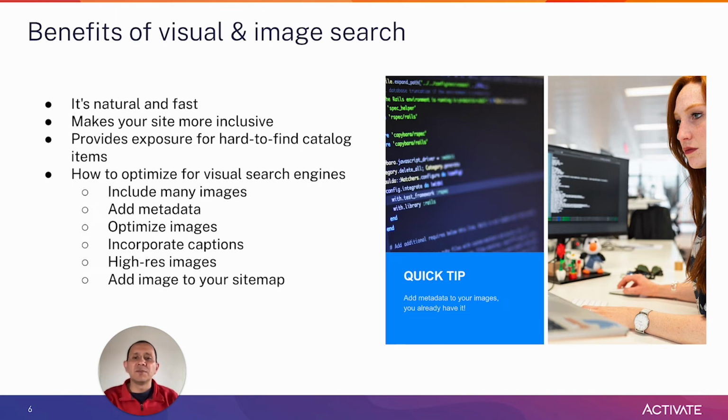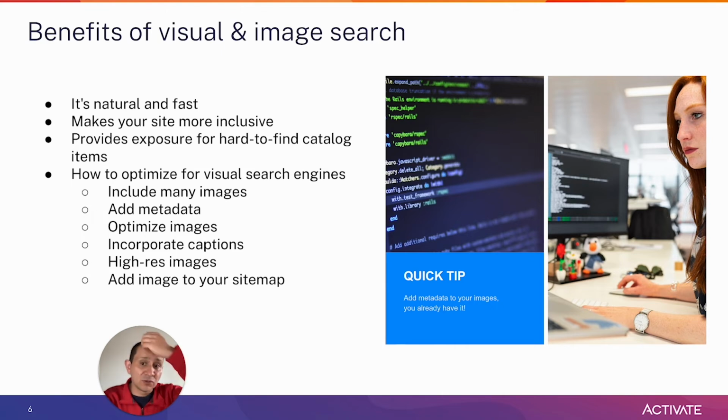And now, how can we optimize for visual search engines? By leveraging image search. And that includes a few different actions, like adding as many images that we have from our catalog into our website, into our e-commerce, adding as much metadata as we can, and optimizing those images, because we can have very large images that are not as heavy as the old format.